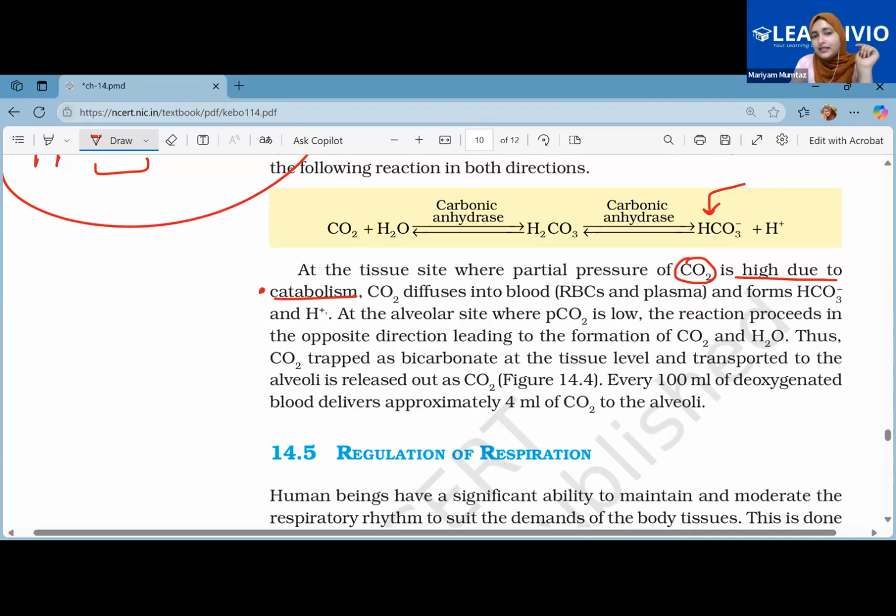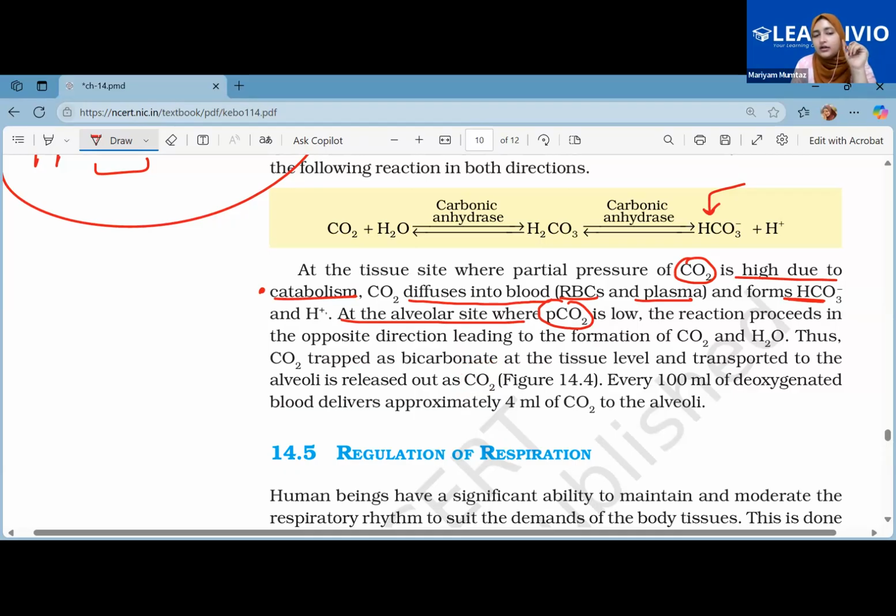Okay, so at that time, the CO2 diffuses into the blood, meaning the RBC, where it combines with the hemoglobin, gets dissolved in the plasma, and also forms the bicarbonate ion. And then at the alveolar site, whenever the PCO2 is less, obviously, it will dissociate from the hemoglobin and then be sent out as CO2.